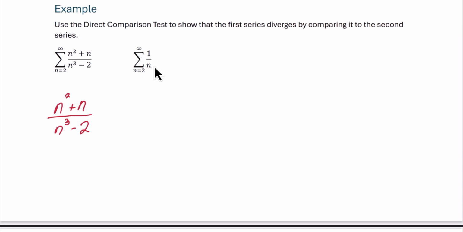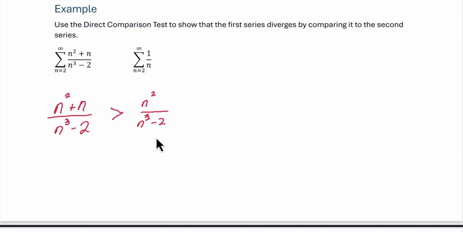Let's see what happens if we remove n from the numerator. Removing n from the numerator is going to make the numerator smaller, which means the fraction gets smaller. So we can say that the first one is greater than the second one. Next, let's look at the denominator.